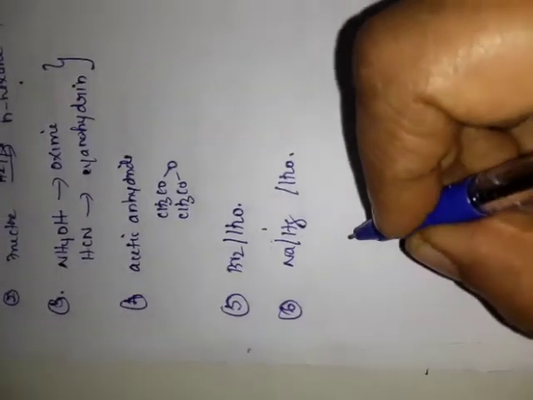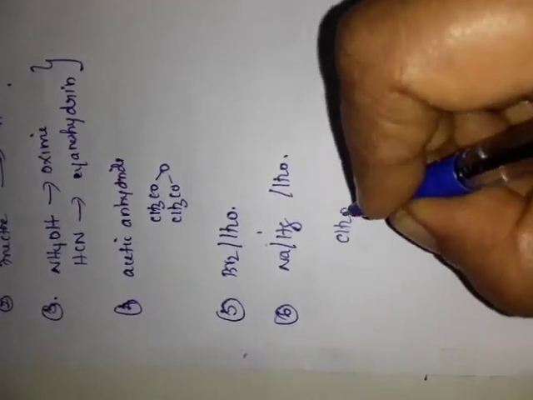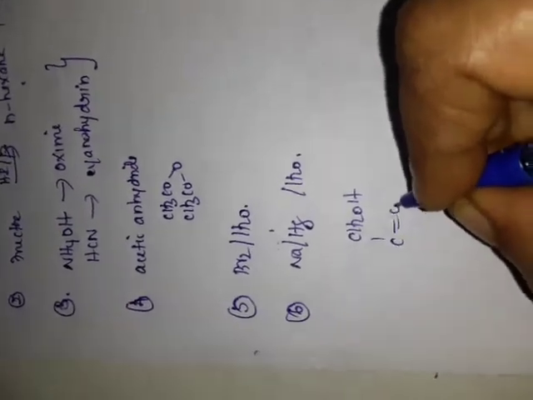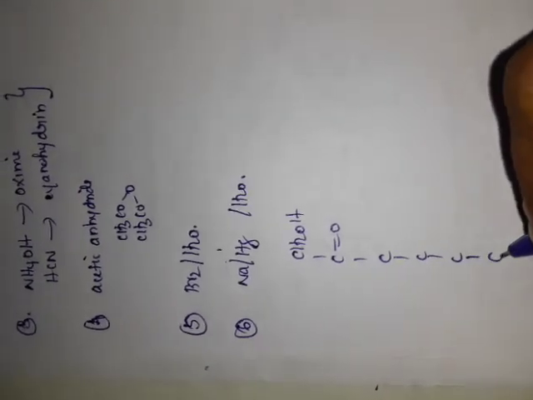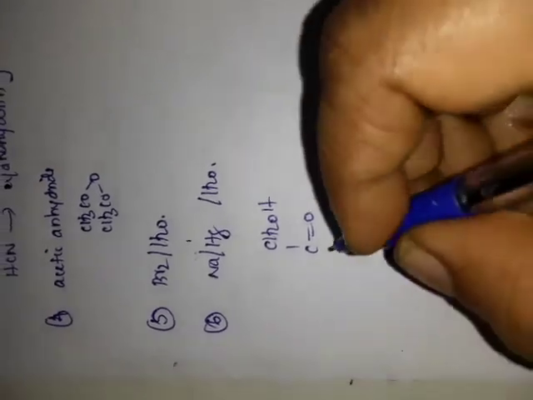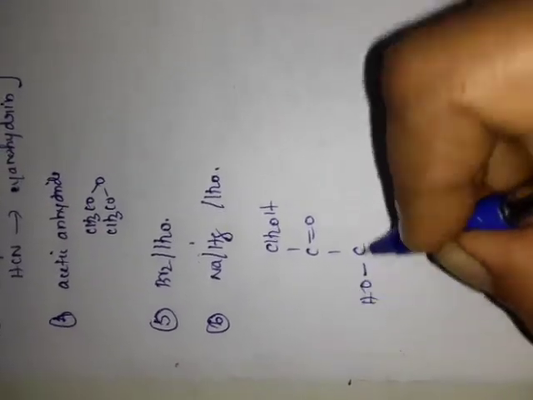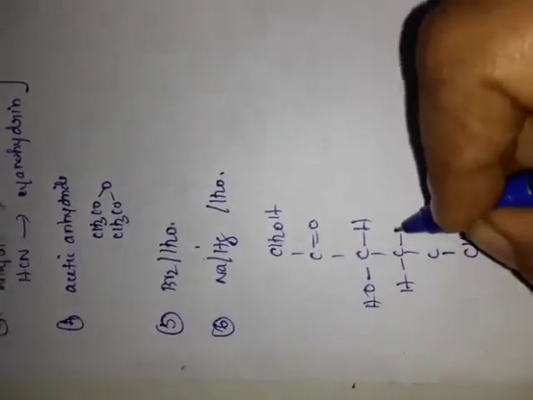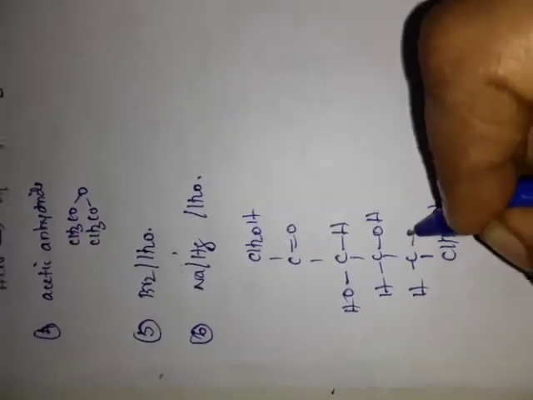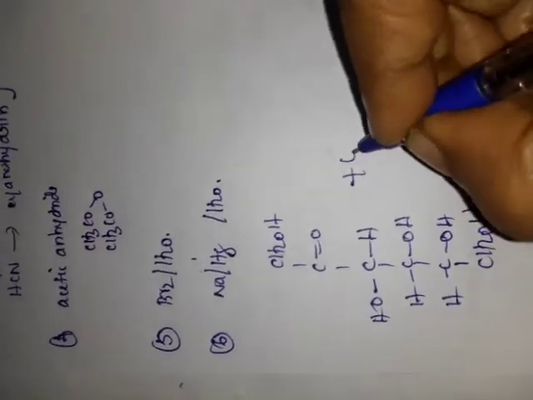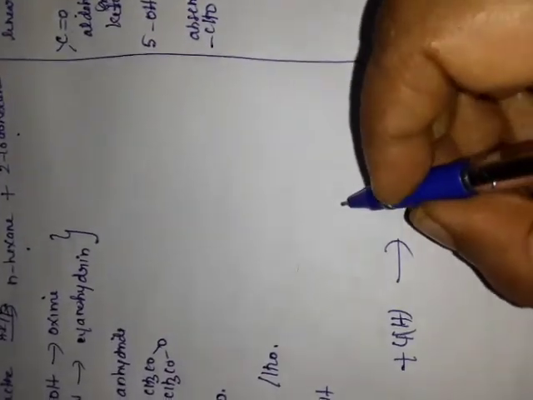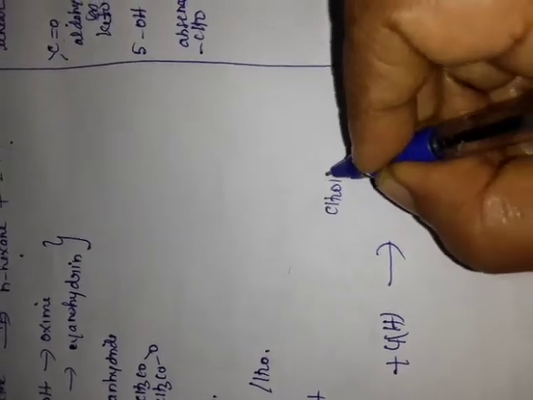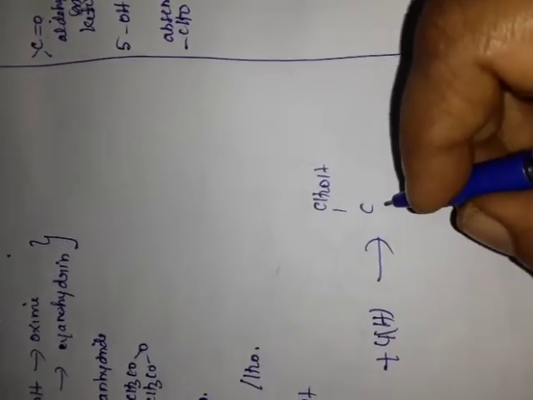That is, fructose, formula CH2OH, C double bond O, then 4 carbons, last one CH2OH, with OH, H, H, OH, H, OH. Fructose on partial reduction with sodium amalgam and water gives 2 epimers. Epimers have the same molecular formula, with only one difference.